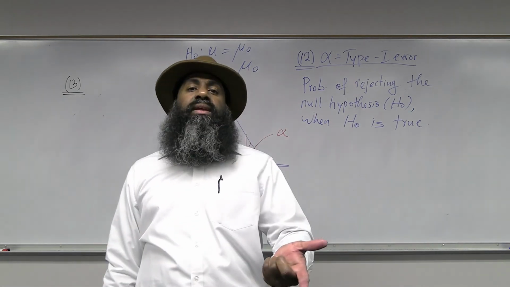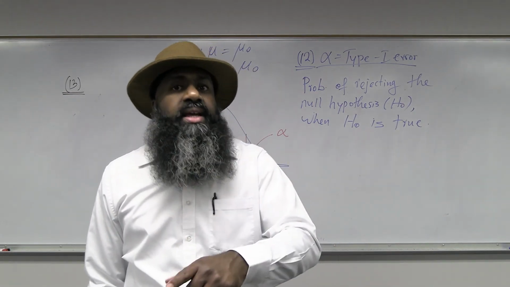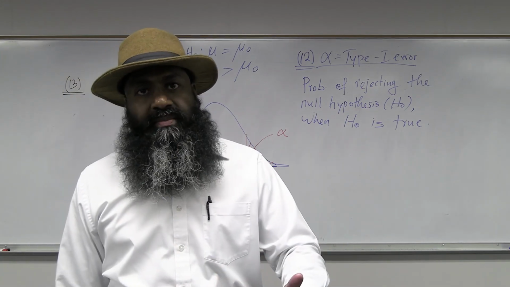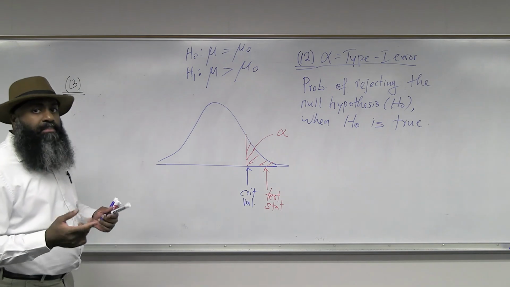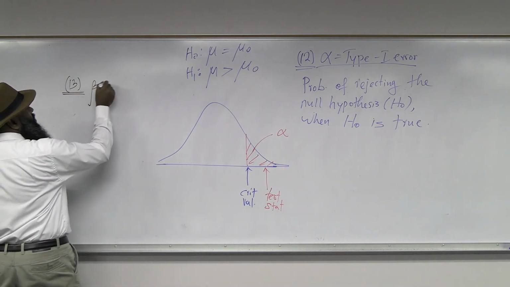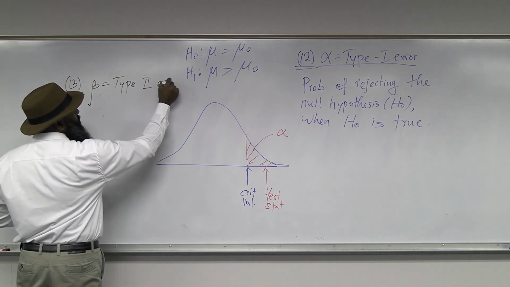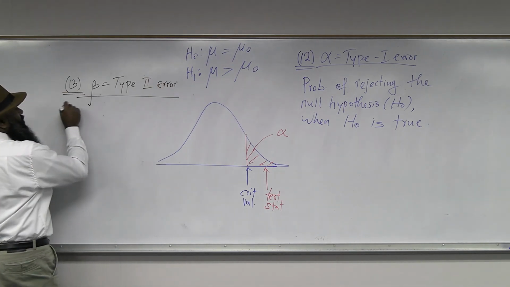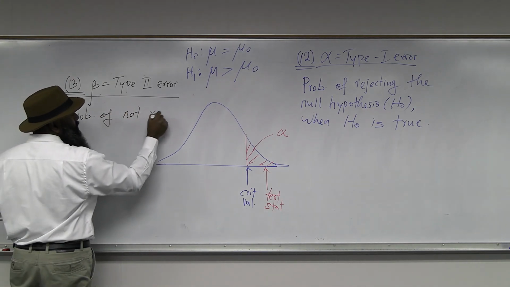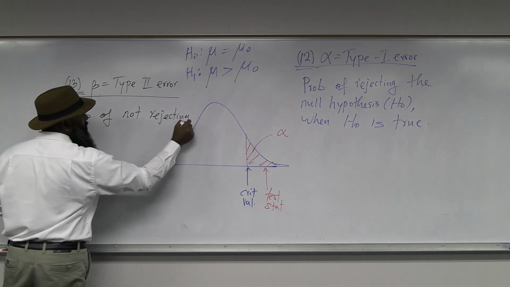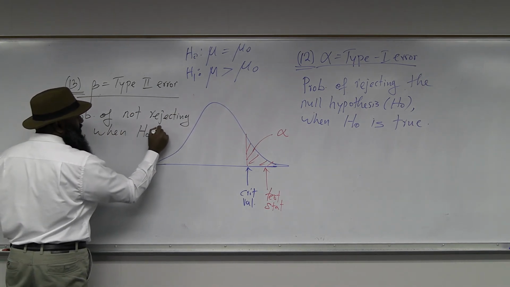The other possible error is the probability of not rejecting the null hypothesis when the null hypothesis is false. Okay? And that error is defined as type 2 error, beta. Probability of not rejecting H0 when H0 is false.